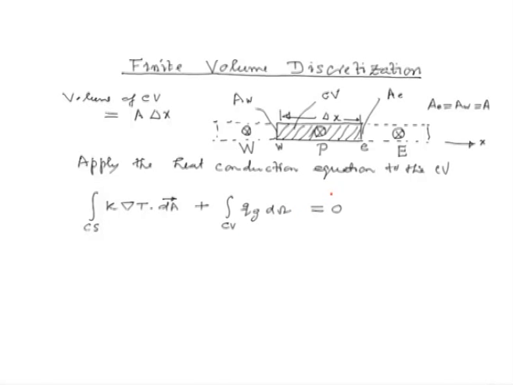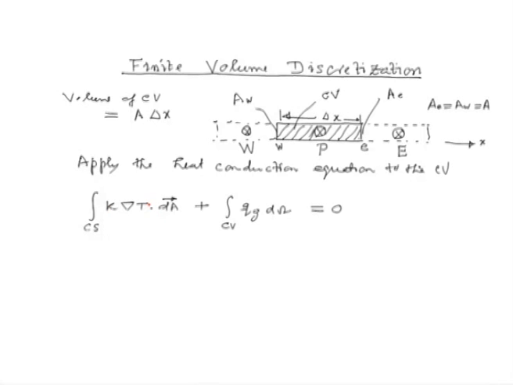Now, in the one dimensional case, we have got only two control surfaces. So, this integral of k gradient T dot dA becomes very simple.